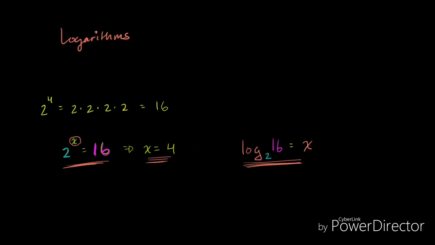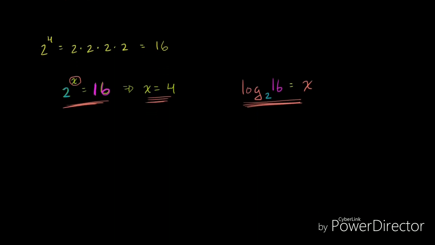Now let's have another example. So let's say we have log base 3 of 81. In this logarithmic function, how should we evaluate this one? So that would be log base 3 of 81 is equal to x.